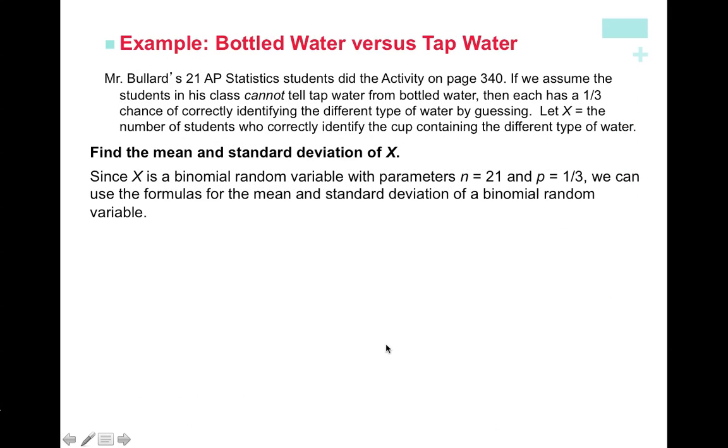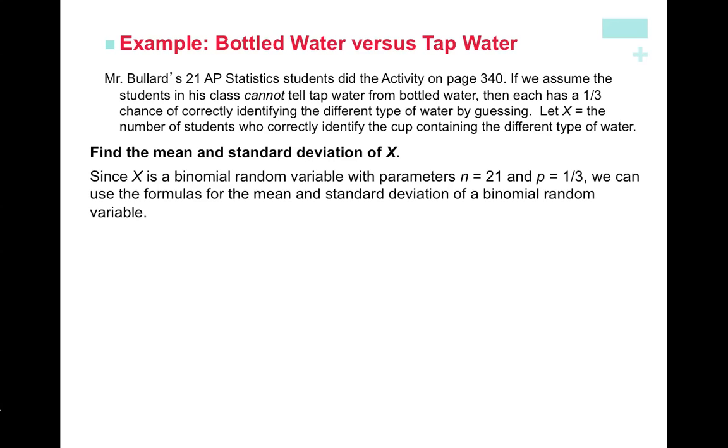So, let's do an example. We've got Mr. Bullard's AP Stats students. They did an activity where they were telling whether or not water was tap water or bottled water. And each one has a 1/3 chance of correctly identifying the type of water by guessing.